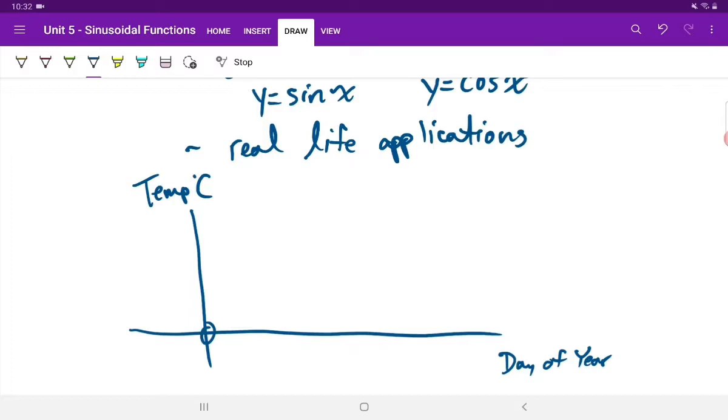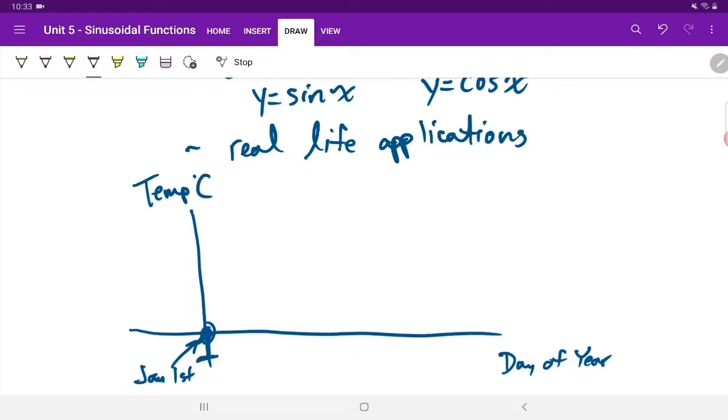Imagine a scatter plot that plotted the temperature and the day of the year, right? And so let's say this was day 1 or day 0. I assume we can start at January 1st, right? So this would be like January 1st, all right? And actually, we'd probably start that as a 1 and not as a 0. Okay, so we'd start at January 1st.